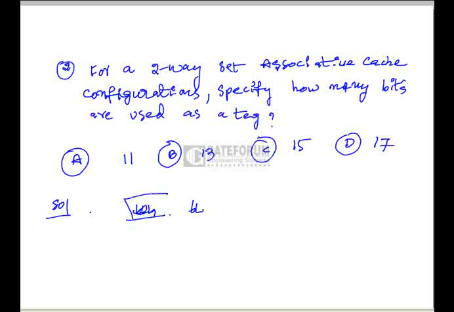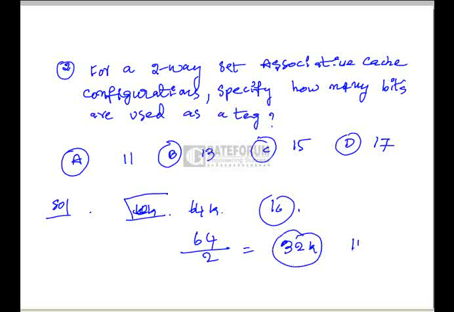We have already taken 64k blocks, because 16 bits were used. If it is two-way set associative, this 64k is divided by 2, so we get 32k. 32k can be represented with only 15 bits. So 15 bits are required instead of 16 bits in the index field, followed by these 2 plus 2, which are common.